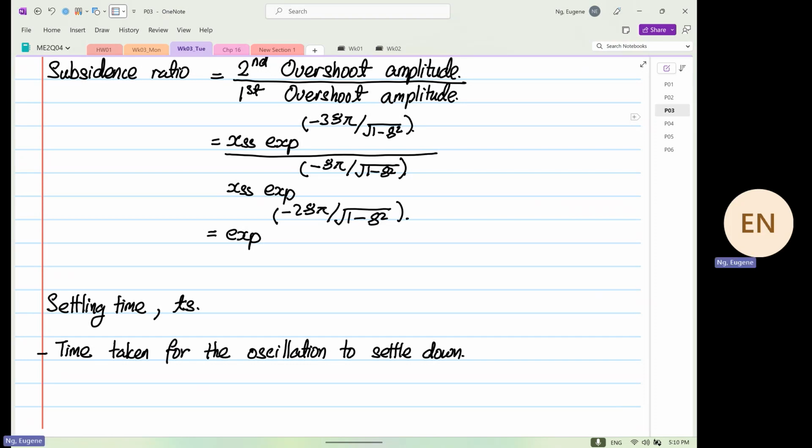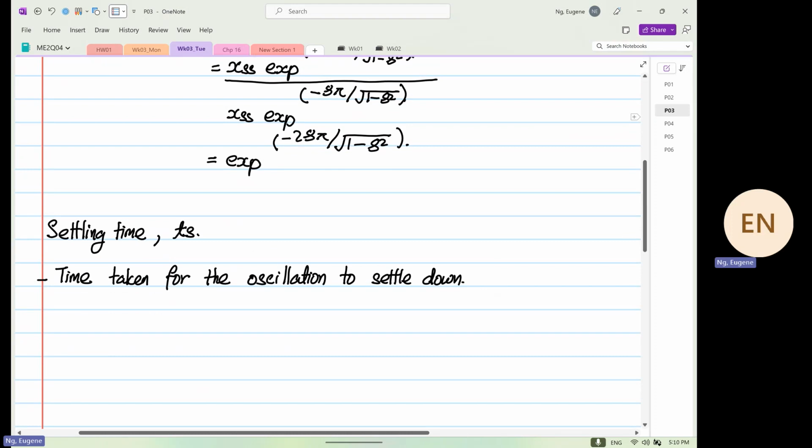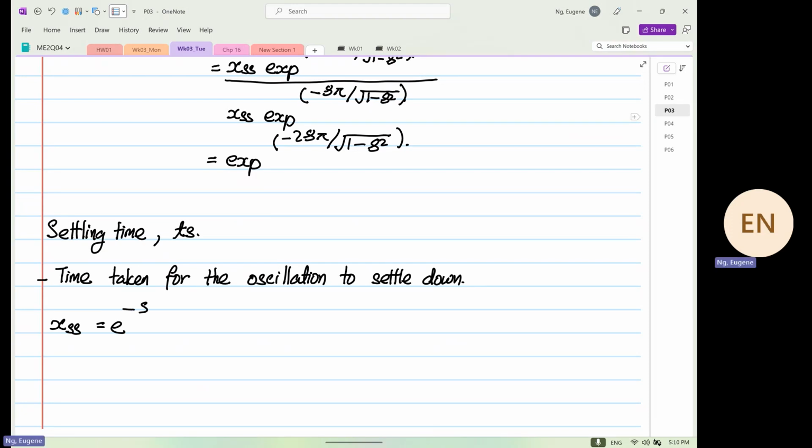So if we were to look at the expression now, x(t) is equal to e to the minus zeta omega n Ts multiplied by x_ss. We ignore the sine or cosine because we want to see when it's actually settling down.